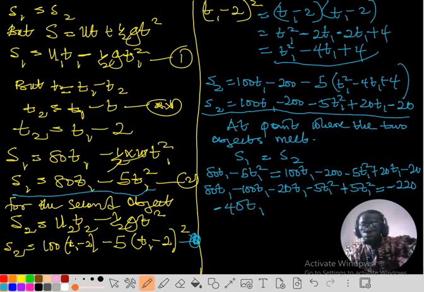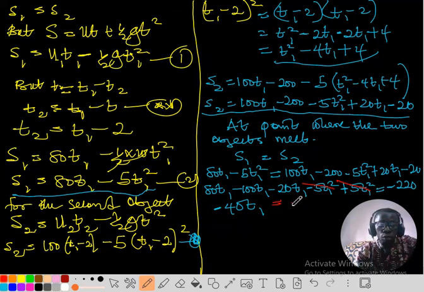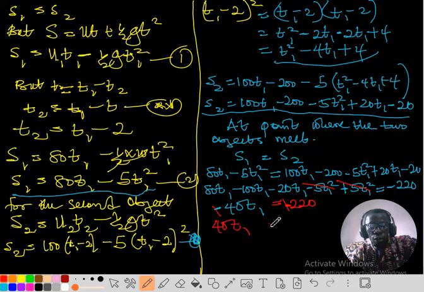Then what do we have here? Negative 5 T1 squared cancels positive 5 T1 squared, so the quadratic part is out. We are left with minus 200 minus 20, so the negatives cancel and I'm left with 40 T1 equals 220.